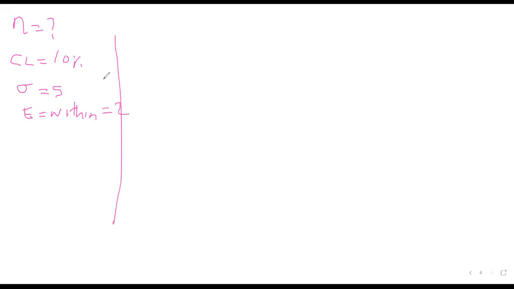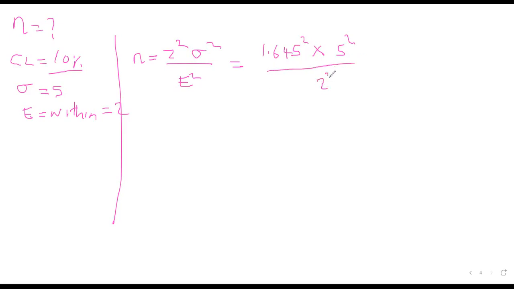So how do you find the sample size? N is equal to Z squared variance over what? Error squared. So can somebody tell me what is our Z? 1.645. And what is our variance or standard deviation? 5 squared. And that's our error squared.